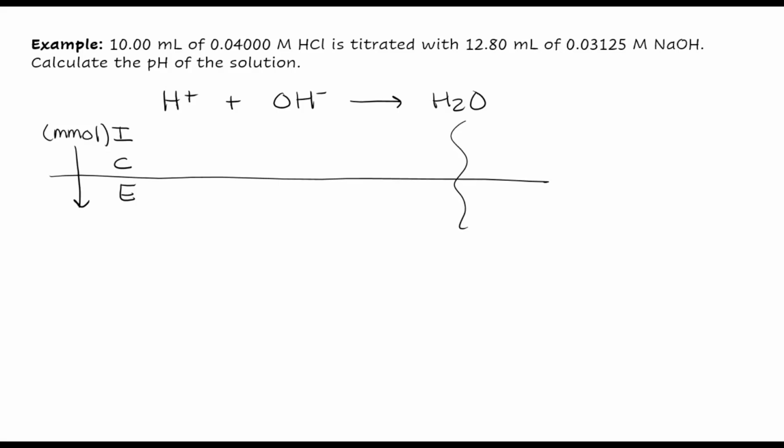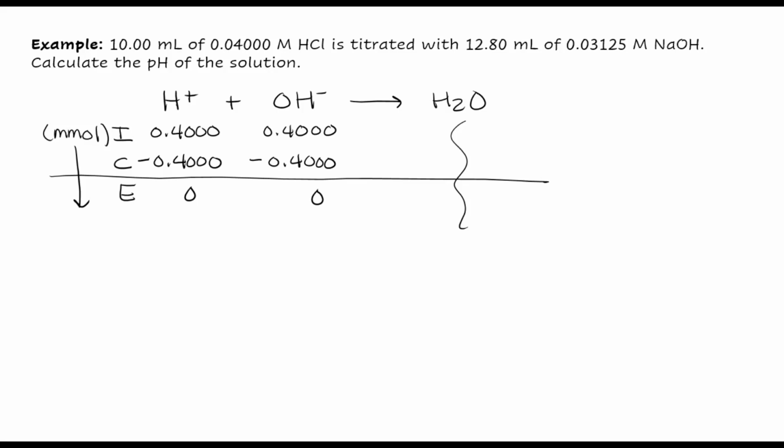Filling in our values, we have 0.4000 millimoles for hydrogen, 0.4000 millimoles for hydroxide. We subtract the lower number, but they're equal, so we'll be subtracting 0.4000 from each reactant, and that puts both hydrogen ion and hydroxide at 0 for our E row.